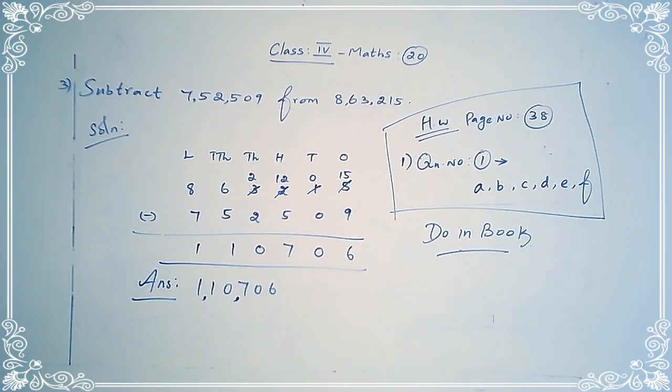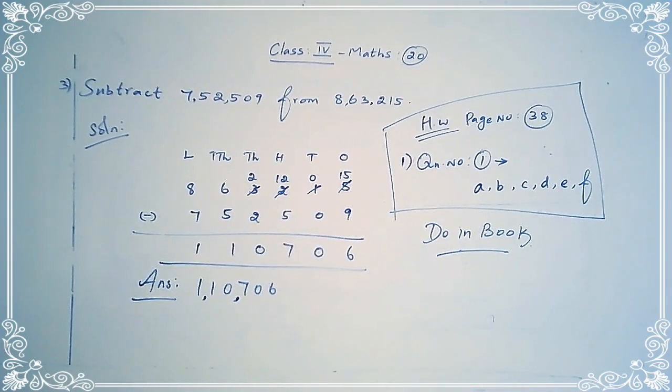Yes children, in first question 6 subdivisions. That means A, B, C, D, E, F. Do these sums in your book only. Okay? Clear?